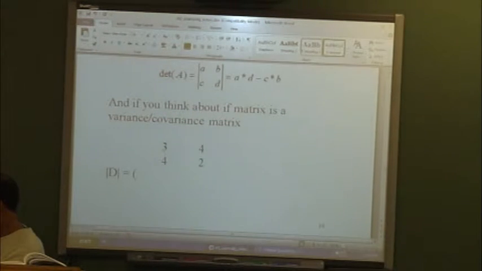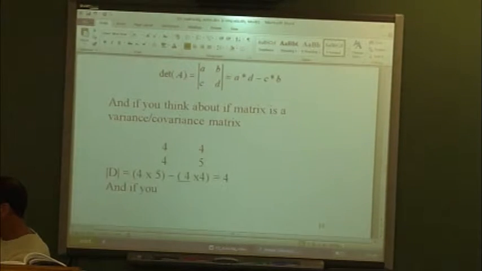The determinant equals 3 times 2 minus 4 times 4. 3 times 2 is 6, minus 10, negative. Obviously I messed up the math, since a generalized variance shouldn't be negative, so let me use 4 here. 20 minus 16 is 4. There you go, that's a generalized variance.